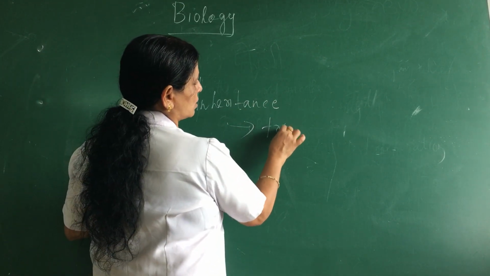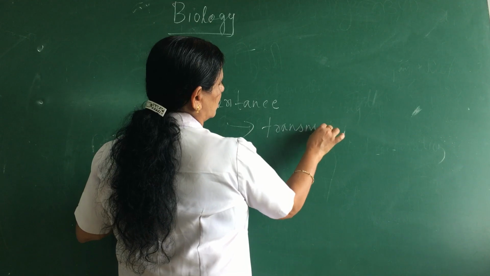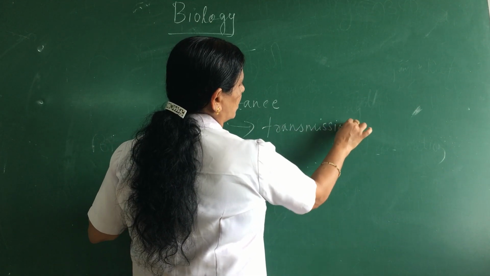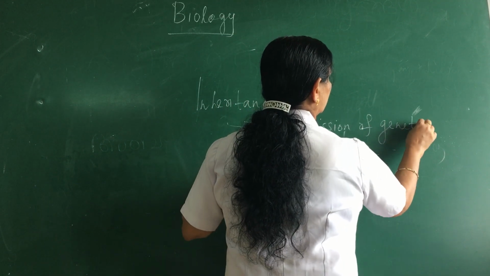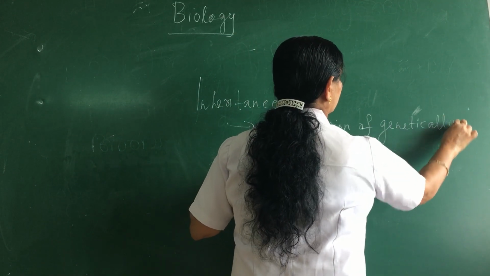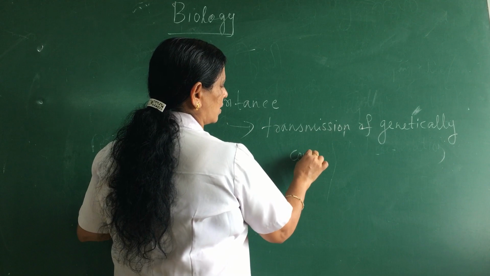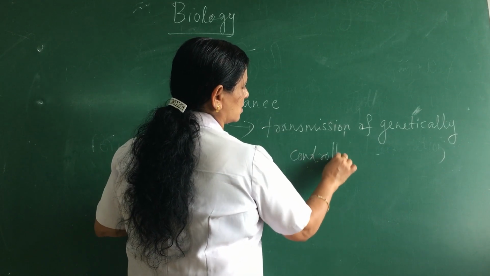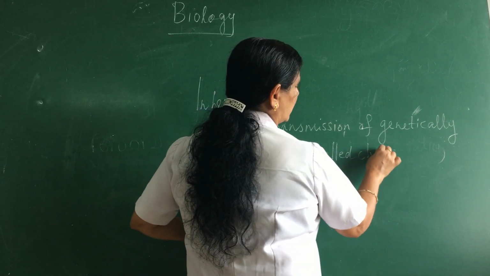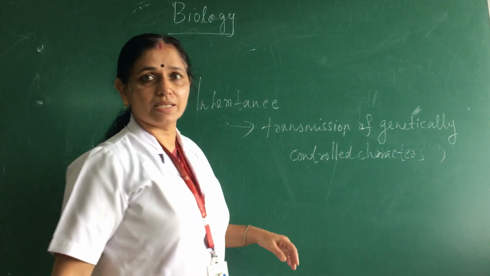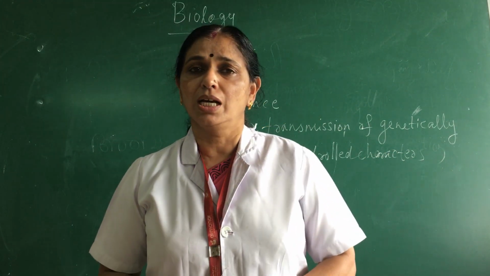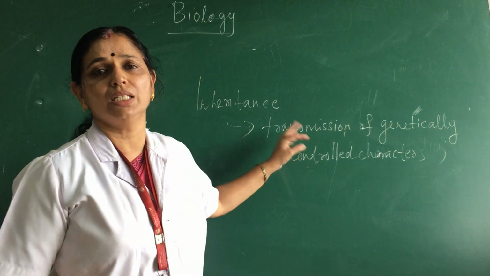The transmission of genetically controlled characters from one generation to another generation is known as inheritance.